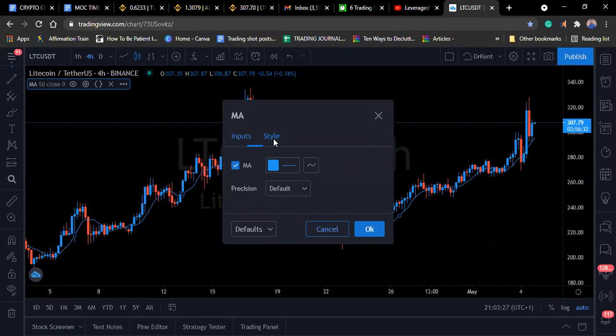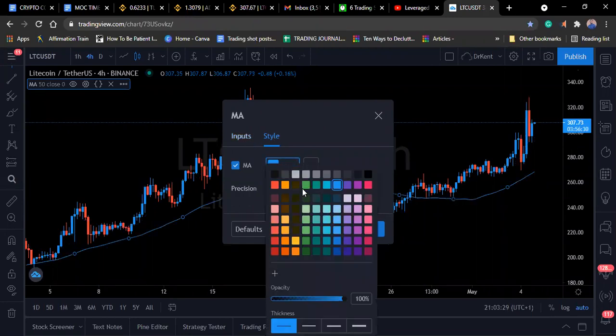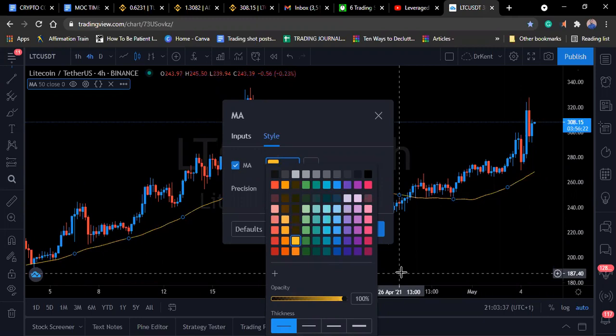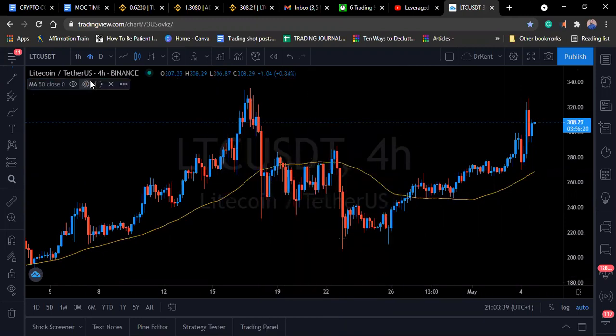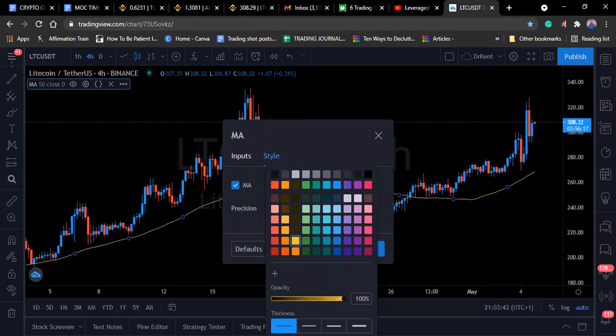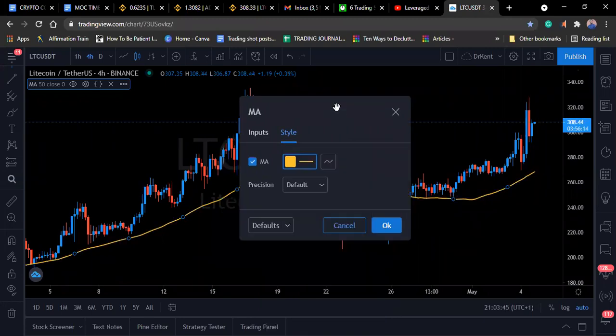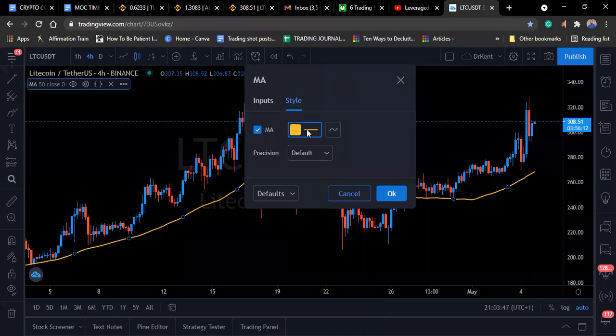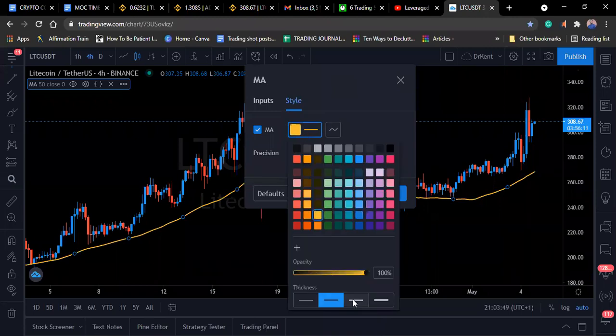Then I can make the color something that is very visible to me. I make it a yellow line, then I make the yellow line thick. I can change the thickness that I want. So I make it thick.